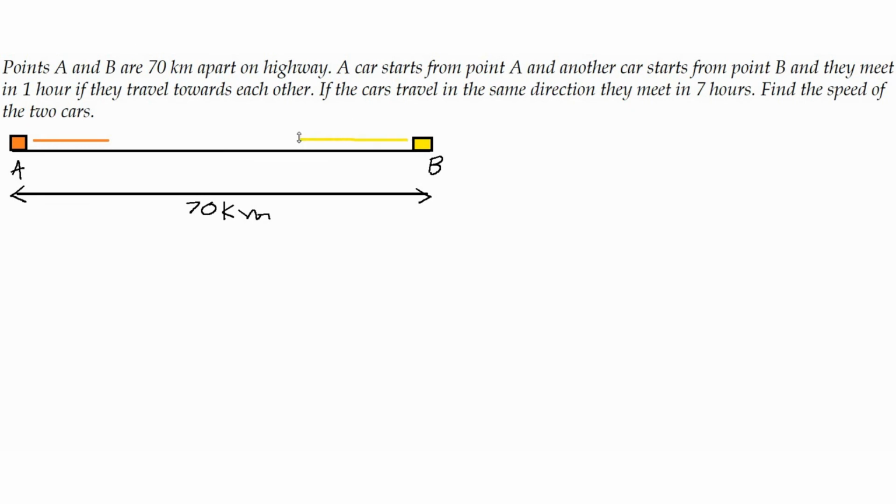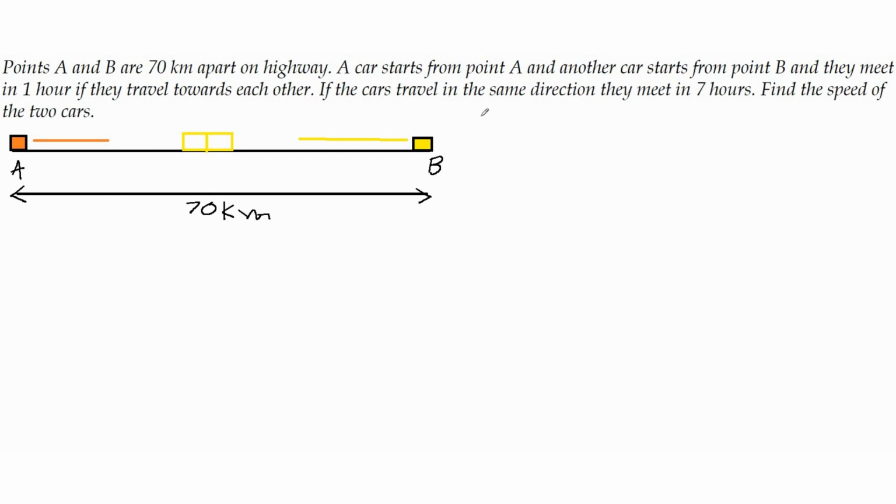So if this car travels in this direction, then after 1 hour, these 2 cars will meet each other at this particular point, right? And this is after 1 hour of travel. That means, in this case, let us note down a few things.